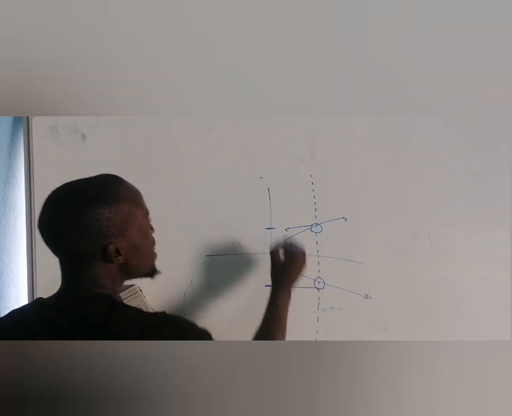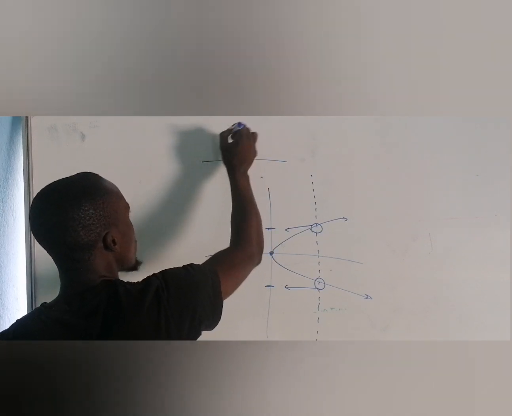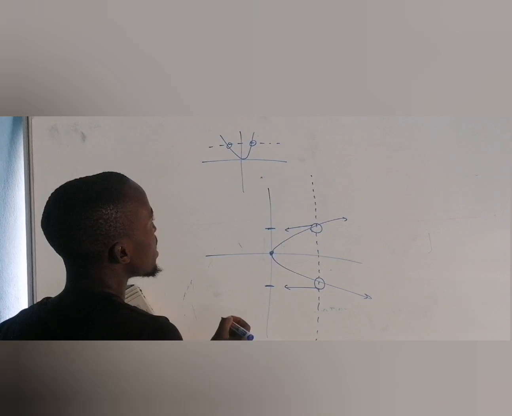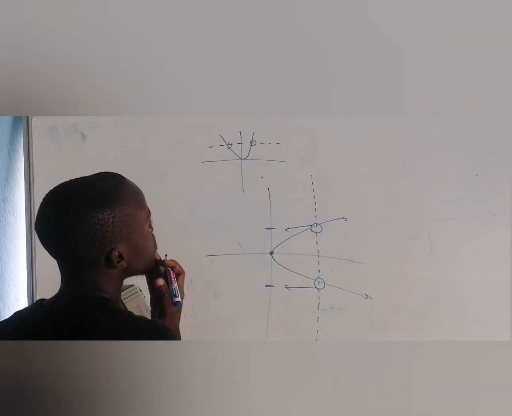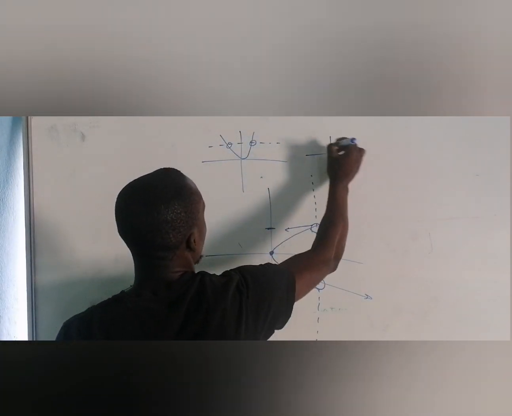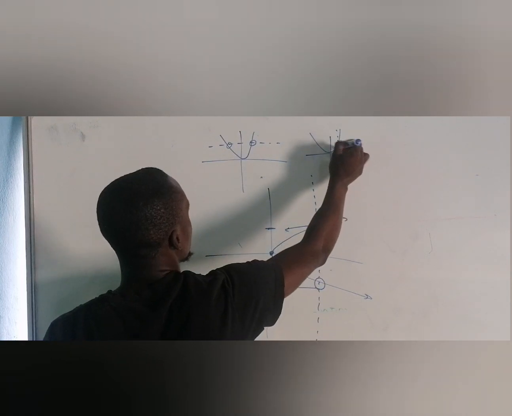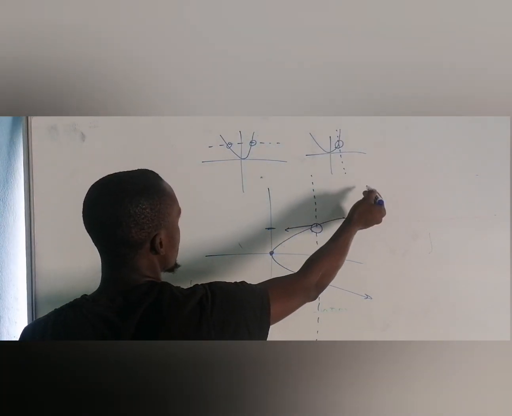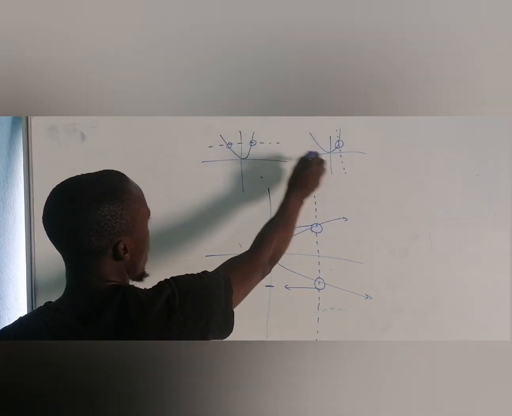But with a many to one function like this, let me first use the vertical line test. You touch the graph once, meaning this graph is a function, but what type of function? It is a many to one.